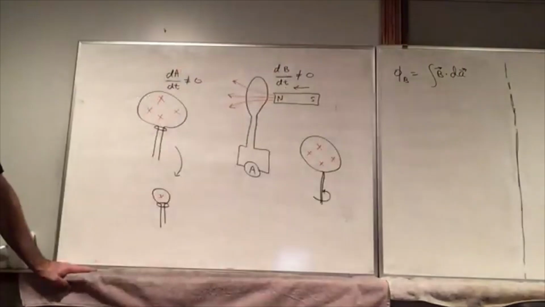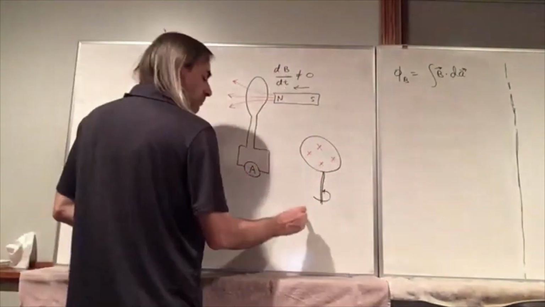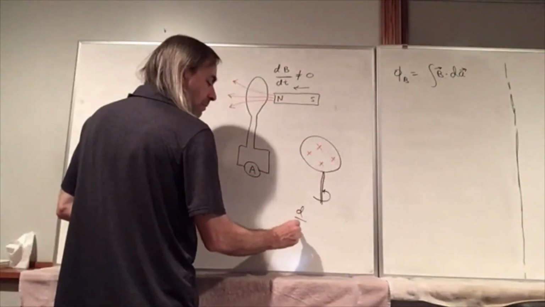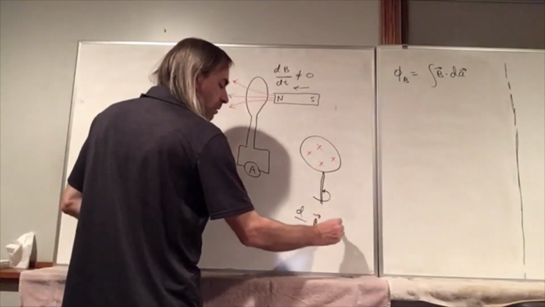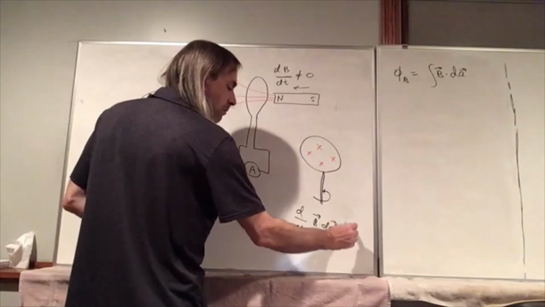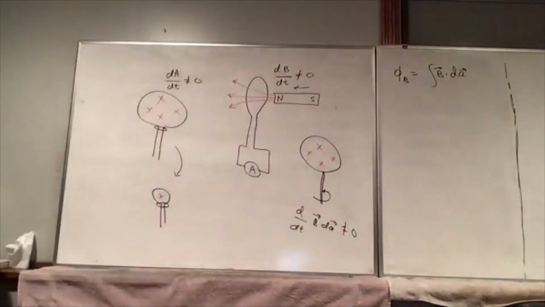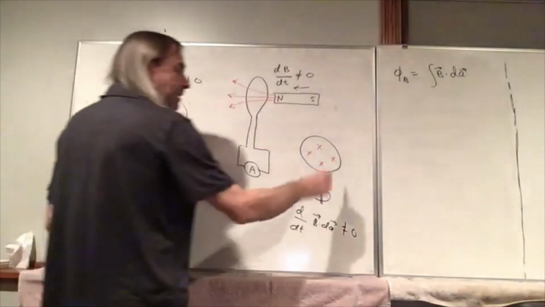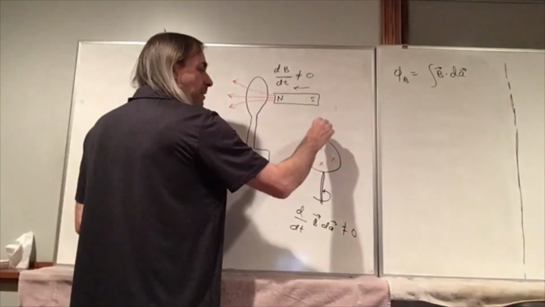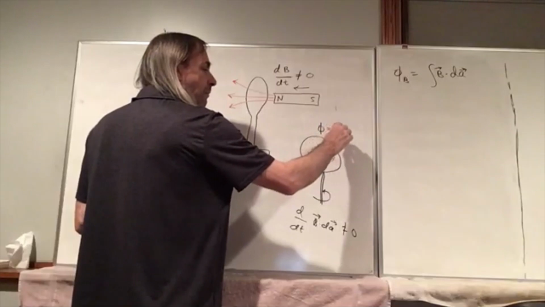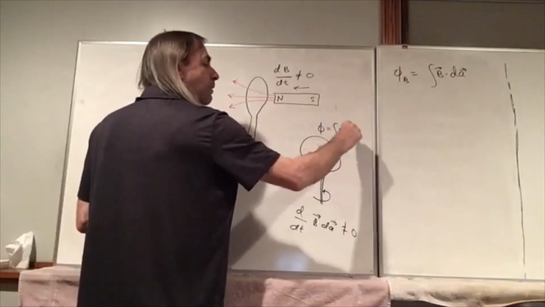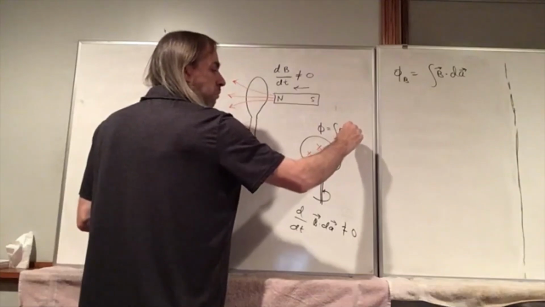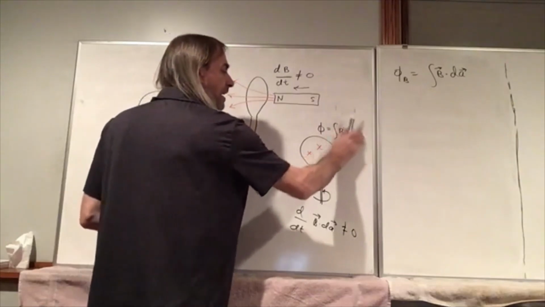And in this case, the dot product B dot dA, we could write as B dA cosine theta.